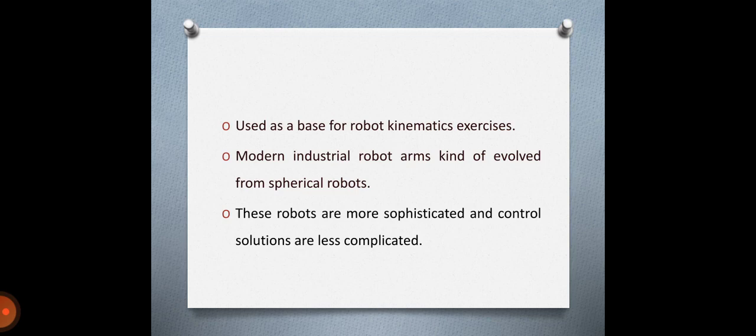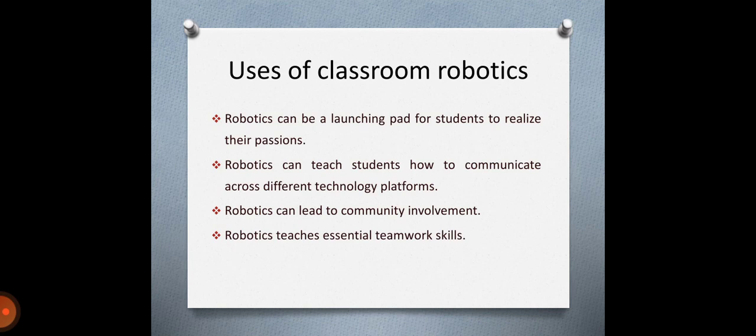It is used as a base for robot kinematics exercises. It is used in modern industries to form robots which evolved from the basic spherical robots. These robots are more sophisticated and have fewer complications.